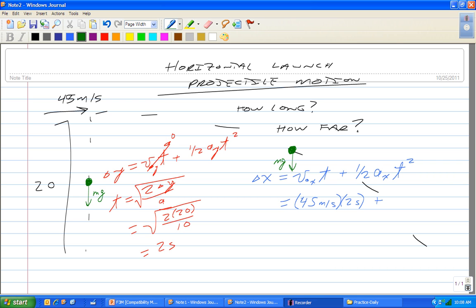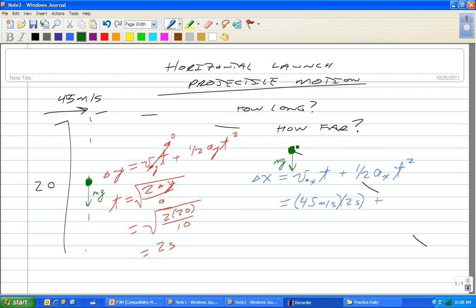Okay? The fact that it's moving to the right means it wants to continue moving to the right. What force is moving it to the right? None. There's no force required to keep it moving to the right because it wants to continue doing what it's already doing, which in the case of the horizontal direction is to keep right on moving at 45 meters per second.